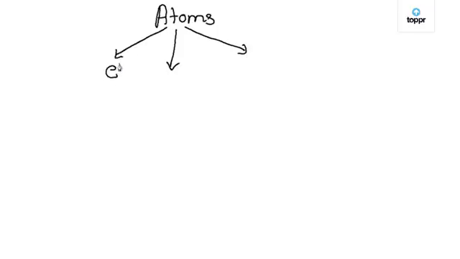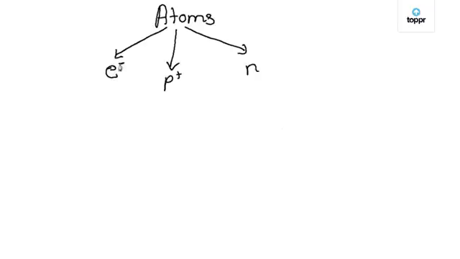We've already discussed that elements are made up of just one kind of particles, and these particles are called atoms. We've already learnt about atoms in our previous classes. We know that atoms are made up of 3 different things. Recall what are those things. We know that atoms are made up of small electrons, small protons, and small neutrons.